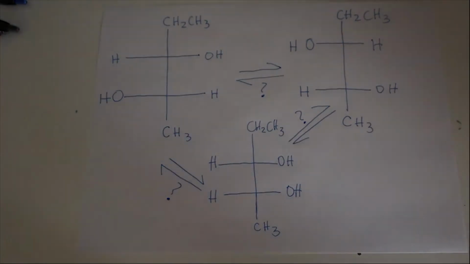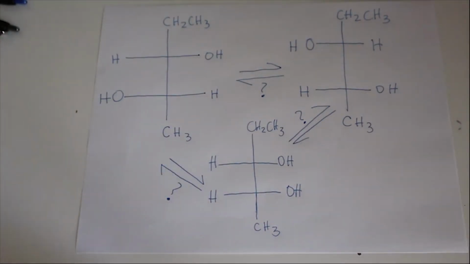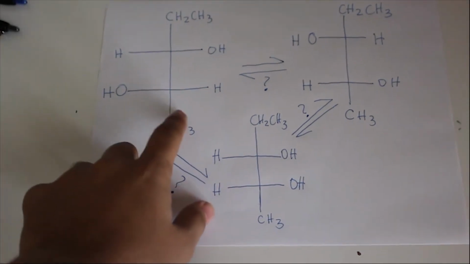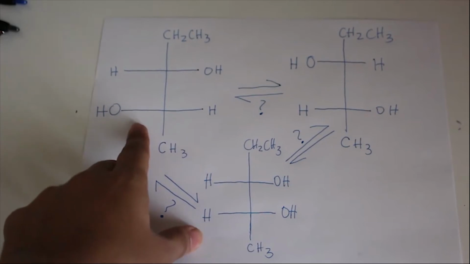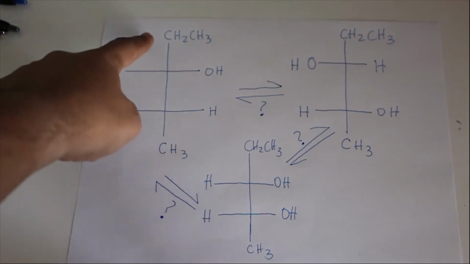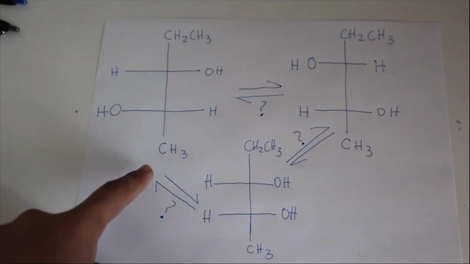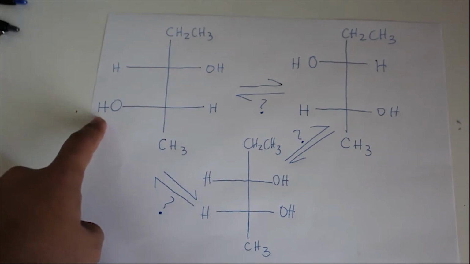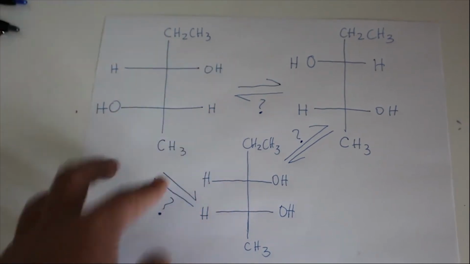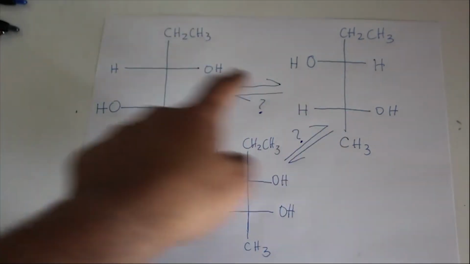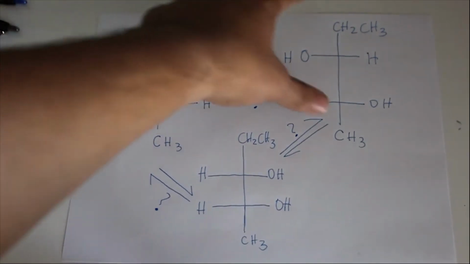Okay, so we have these Fischer projections, and we're just going to see how they compare. If you look at this one right over here, the one on the left, you see that the ethyl group is on top, methyl's on bottom, this OH on the left, and then the OH on the right. So what we're going to do is we're going to compare it. Over here, the top and bottoms are exactly the same.